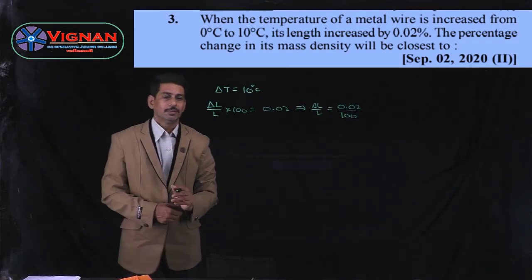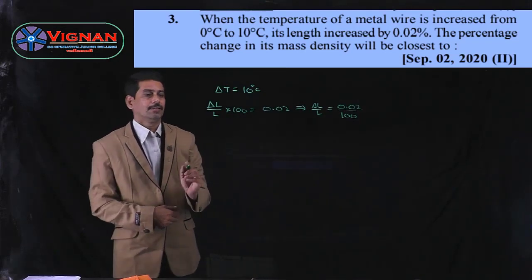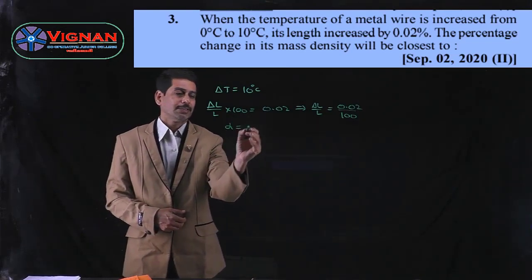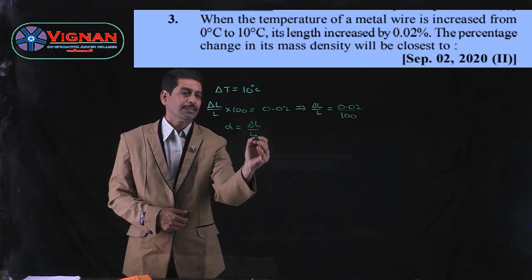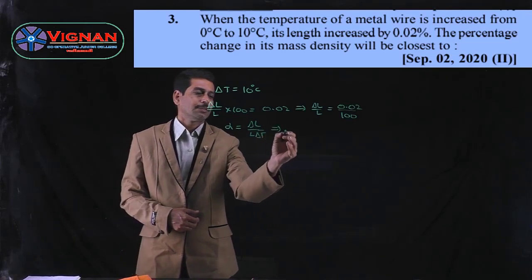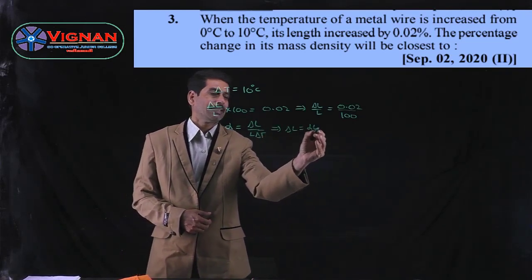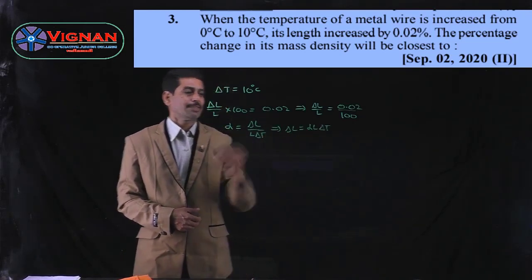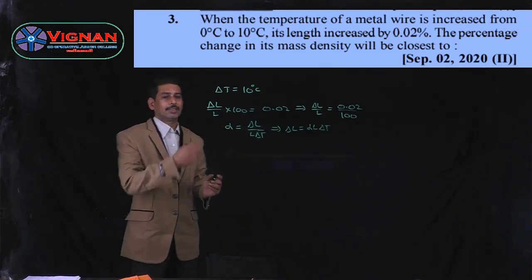And we know from the definition of alpha, alpha is nothing but delta L by L into delta T. So from this, delta L is nothing but alpha L into delta T. Here alpha is the coefficient of linear expansion and delta T is the change in temperature.